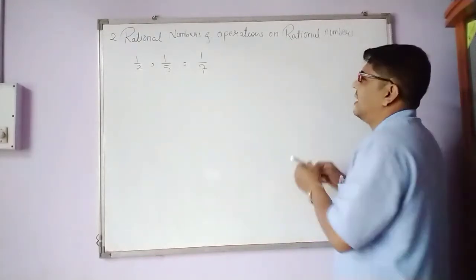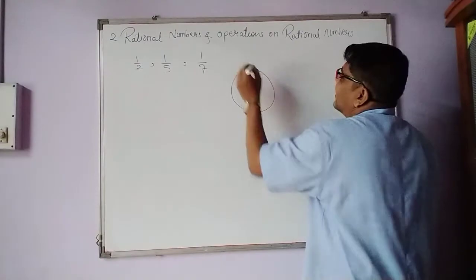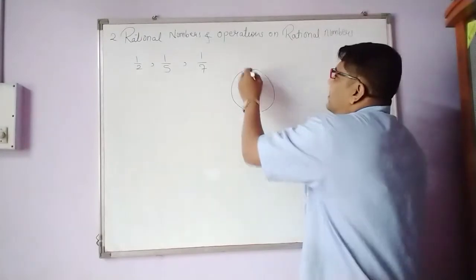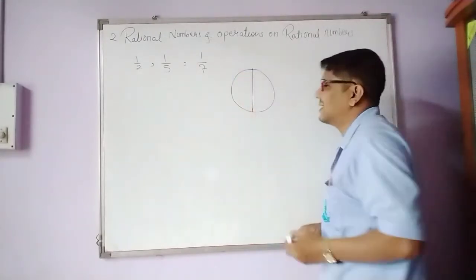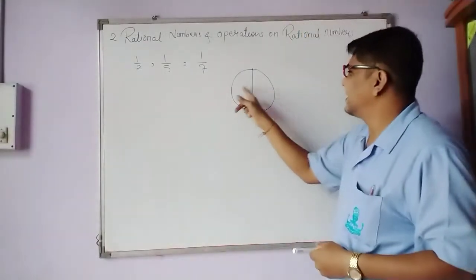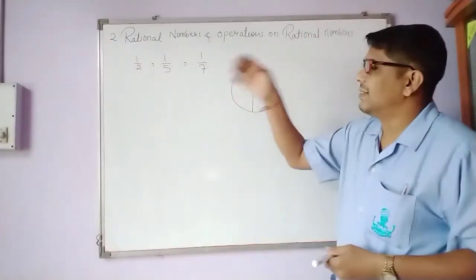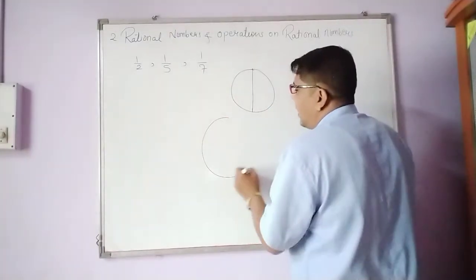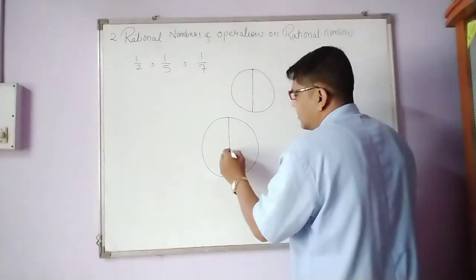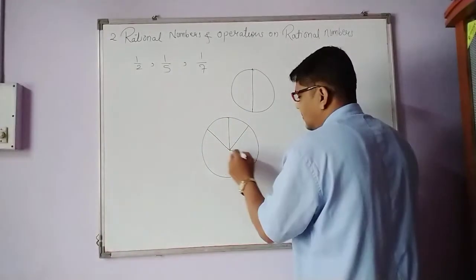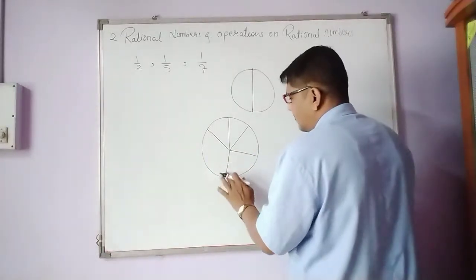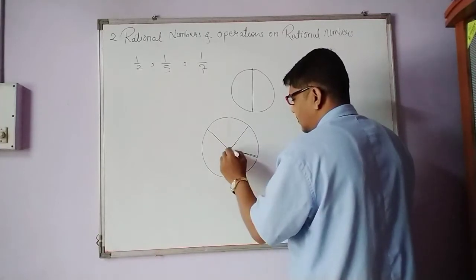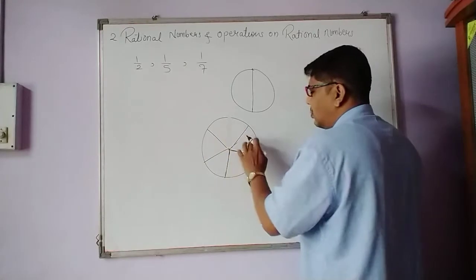Confusing? See here, I am telling you. This is a cake. And there are only two friends who are eating the cake. So how many parts will they divide it into? 2 parts. Can you imagine the parts? Yes, they are bigger. But suppose there are 5 friends, so the cake has to be divided into 5 equal parts. So now I am dividing the cake into 5 equal parts. 1, 2, 3, 4, 5.